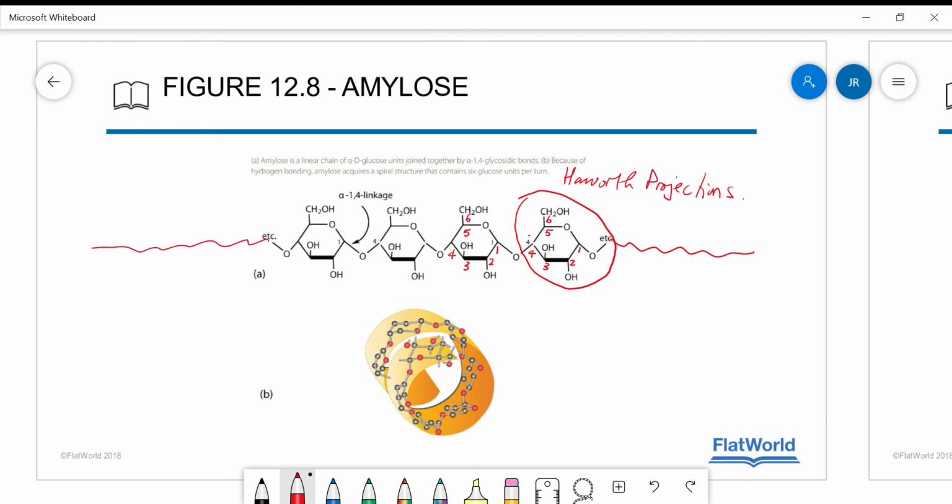So you'll notice that carbon 4 is connected to carbon 1. That's why they say it's a 1,4 linkage, and we know it's between two monosaccharides, so it's actually a 1,4 glycosidic linkage.